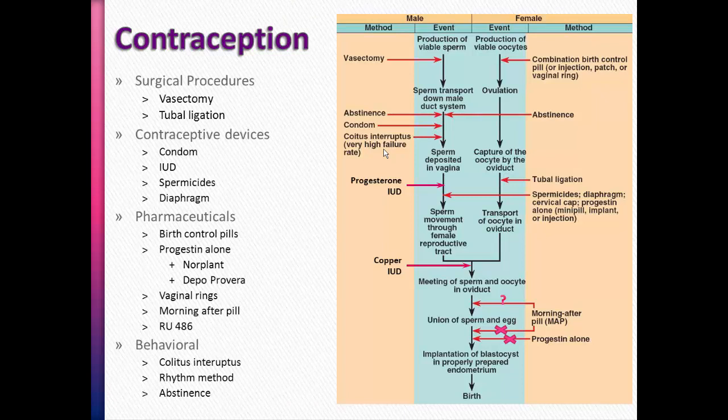The rhythm method is another one where you basically avoid the days at which you're ovulating, using maybe basal body temperature as a means of knowing when you're ovulating. But that again has a high failure rate because our cycles aren't always uniform every month. Of all the contraceptive devices out there, the one that is absolutely 100% guaranteed to work, of course, is going to be abstinence.